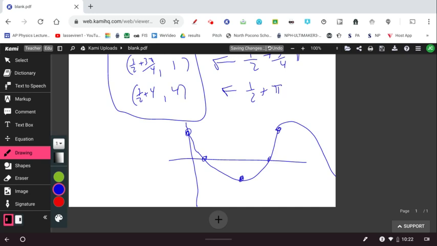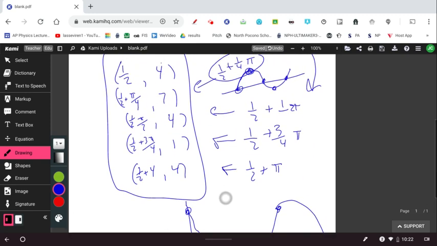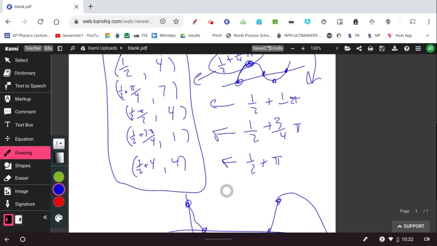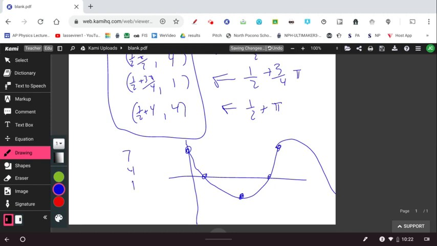And so when we're dealing with the cosine function, the y values are a little different. So if this was originally a cosine function, it would go something like 7, 4, 1, 4, 7. Those would be your y values in your ordered pair.